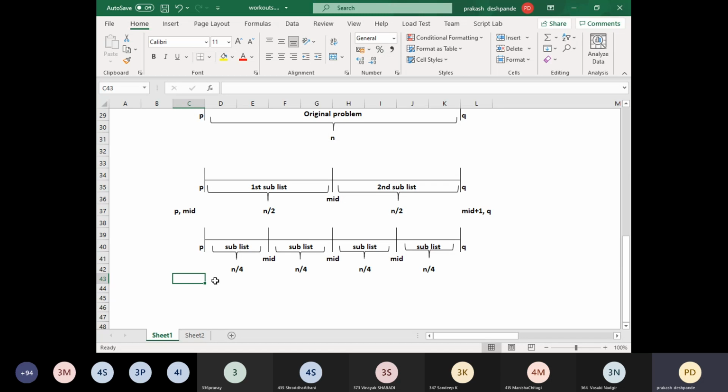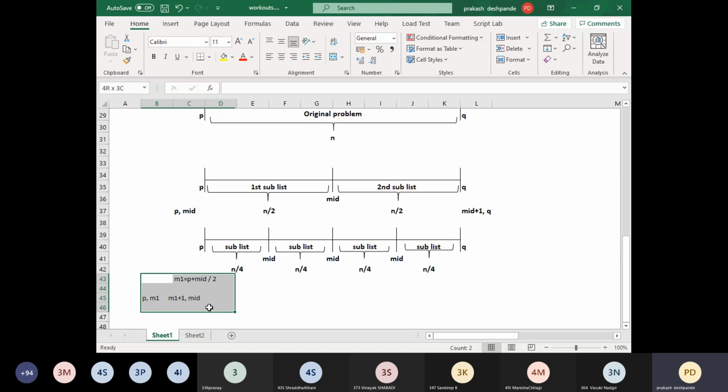For example, let me call the new mid position M1, which equals (P plus mid) divided by 2. Now I got this M1, this particular position. Then again it is divided into two parts. What are those two parts? The first one is P to M1, and the second part is between M1 plus 1 and mid.